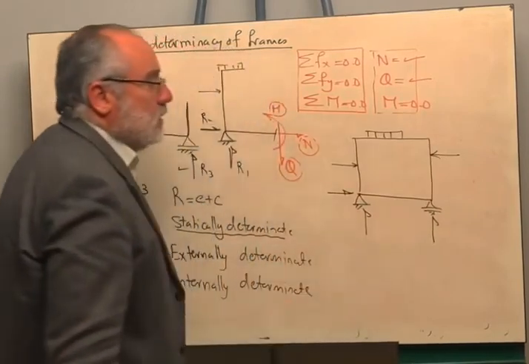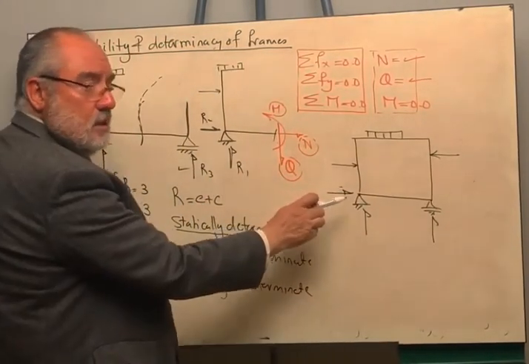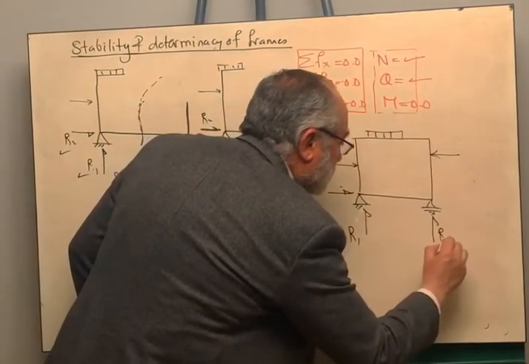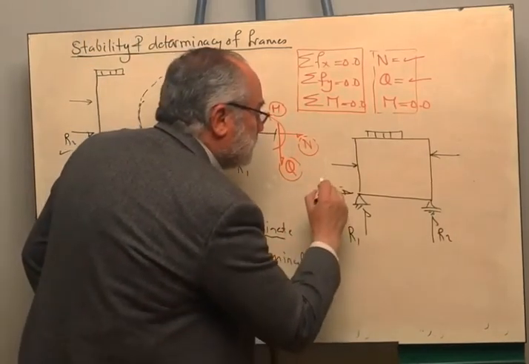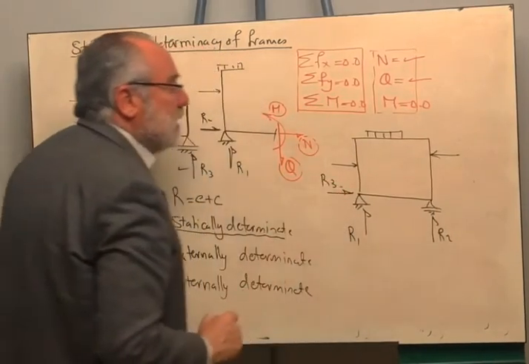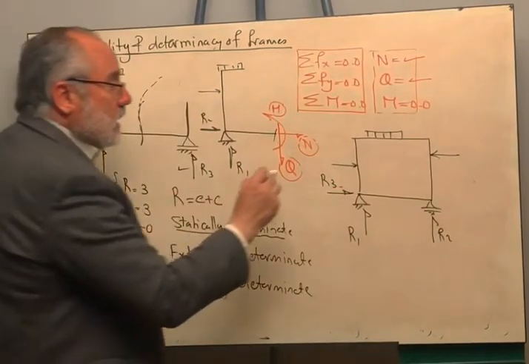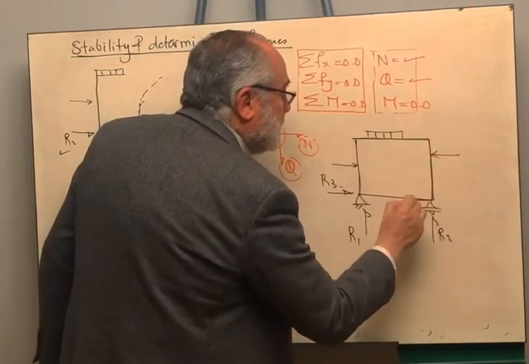Tell me how you are going to solve for the support reactions. You will take moments here and you will be able to get R2 and sigma Fy is equal to 0. You are going to get R1. Sigma Fx you are going to get R3. Therefore this structure is externally statically determinate.